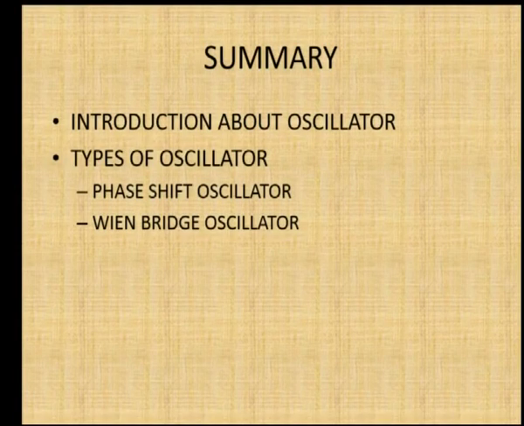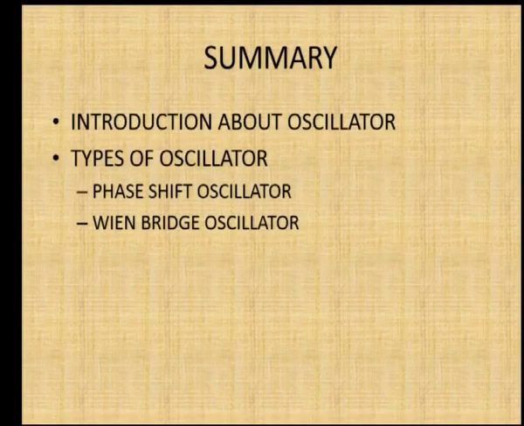We have seen the introduction about the oscillator, how a sinusoidal waveform is generated. Initially, the switch is opened and some input signal is given externally to the amplifier, which gets amplified and given as the input to the feedback network, and again the feedback network output is taken and given as the input to the amplifier. This is the concept.